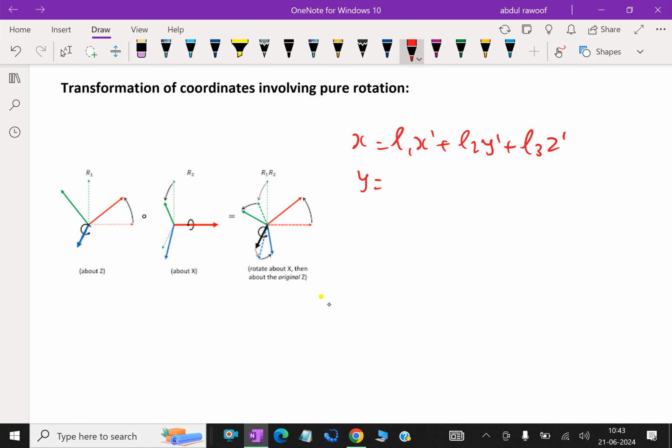Then y equals M1 x dash plus M2 y dash plus M3 z dash. Then z equals N1 x dash plus N2 y dash plus N3 z dash.